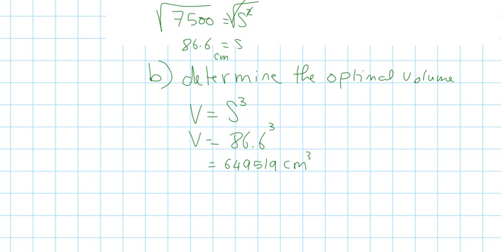Okay. The optimal volume, just determine the optimal volume. I could ask you that question without asking you to find the dimension, but you still have to do both steps. Is that clear for everyone?